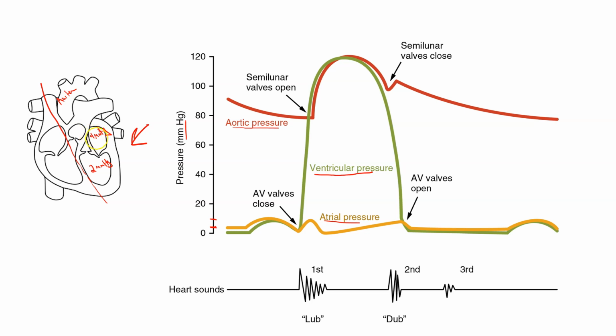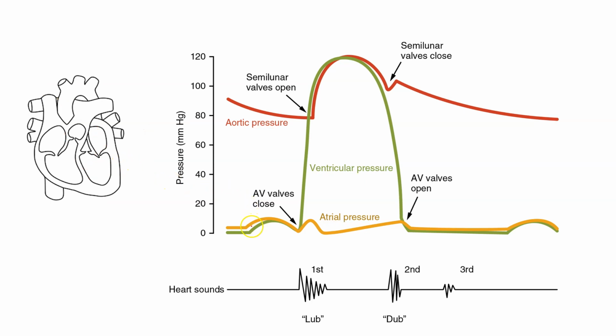There is always a little bit more pressure in the atria than in the ventricle during this short time because blood first pools into here. There is a pressure gradient, high here and low here relatively. I mean, these are both pretty low, but 4 is greater than 2. So that's why the blood that pools in here does naturally flow into the ventricles, and that's why we get that passive filling.